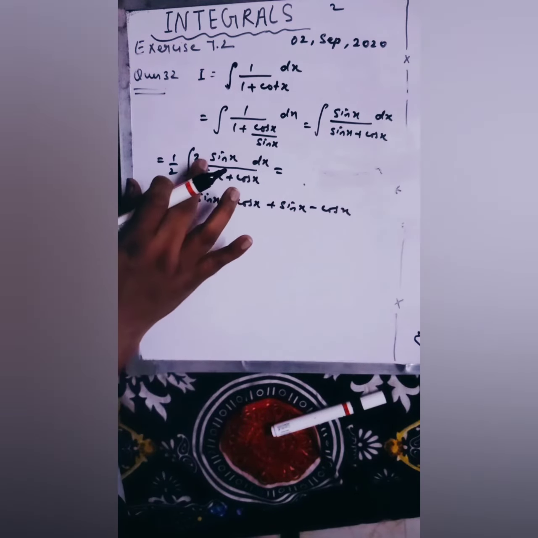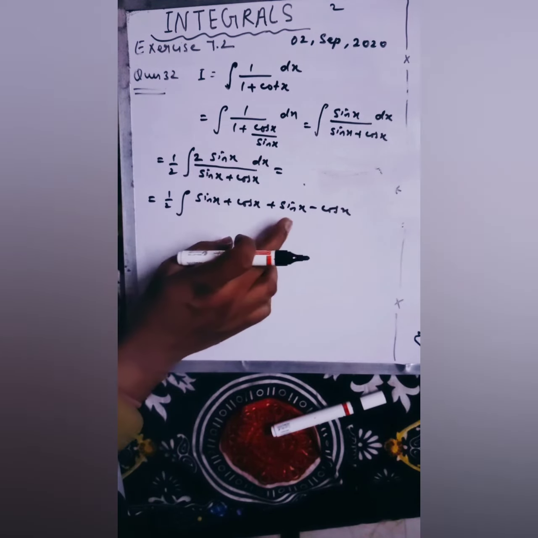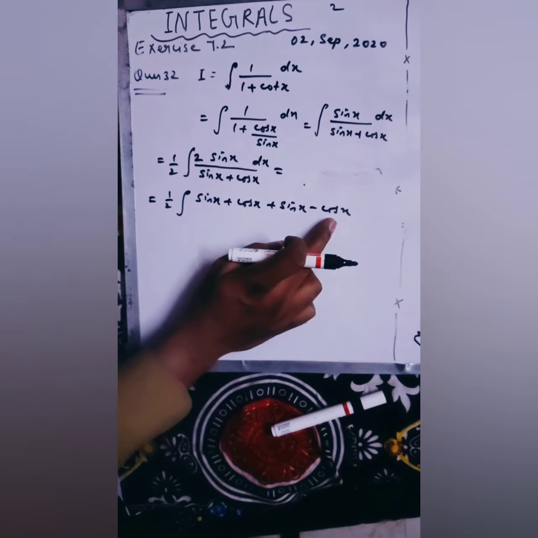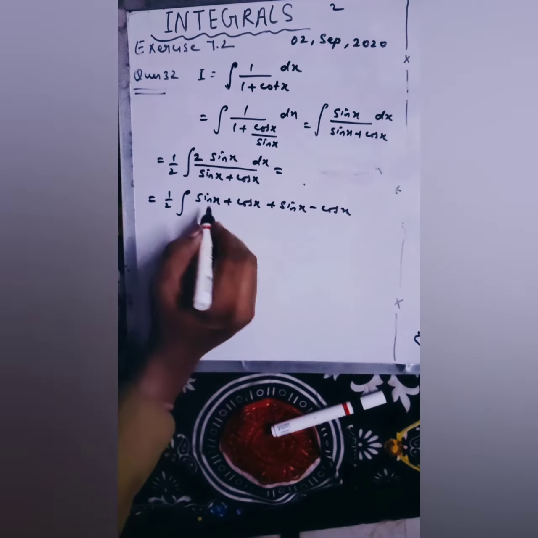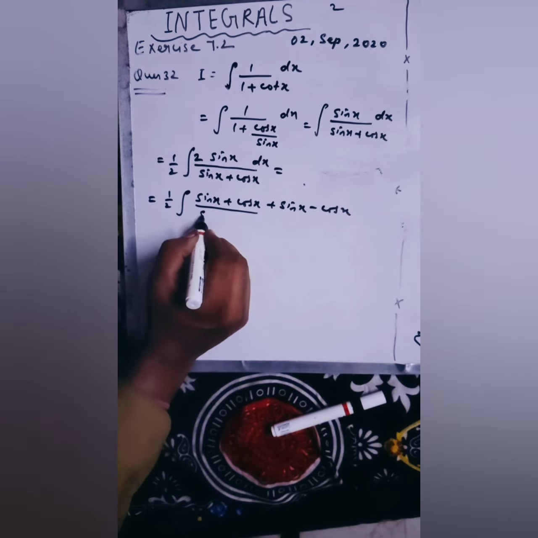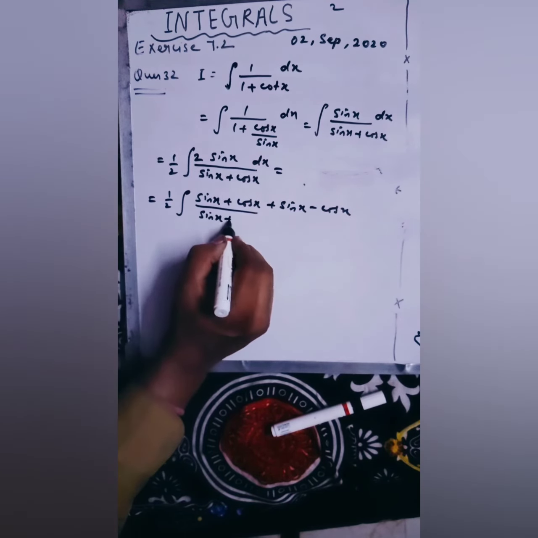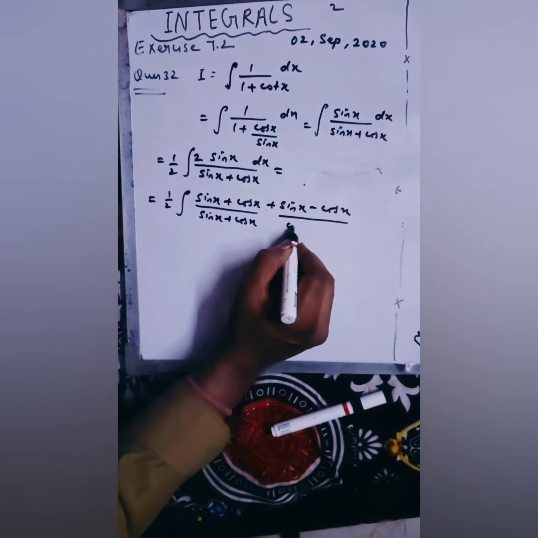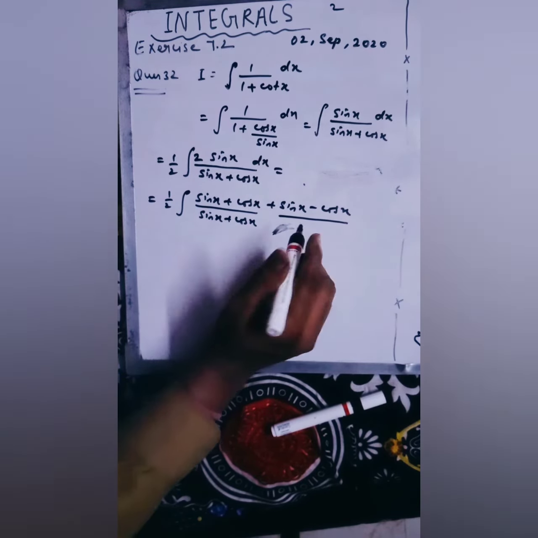What I'm doing is writing this sin x two times, sin x plus sin x, adding cos x and subtracting cos x, and writing the denominator separately for each part.